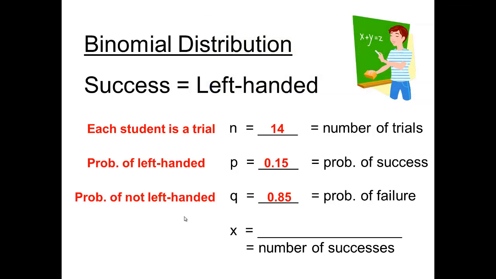And lastly, the number of successes, X, can be 0 through 14. And notice that we do not need to write all of those numbers, just indicate that it's going through 0 through 14.